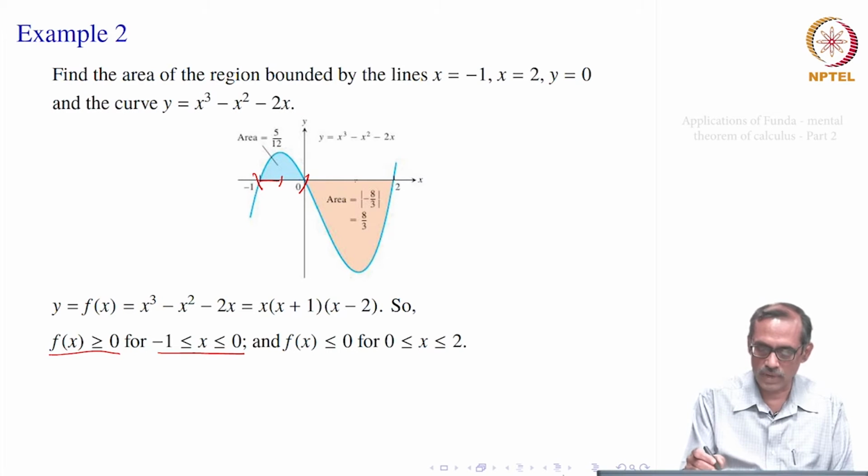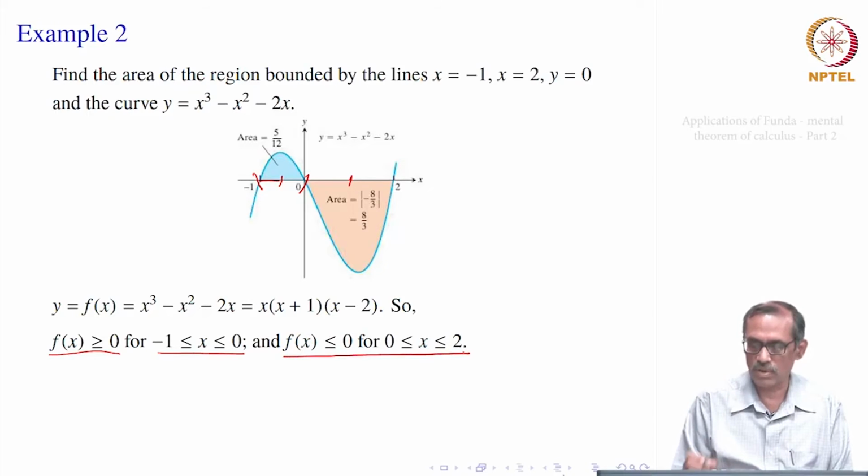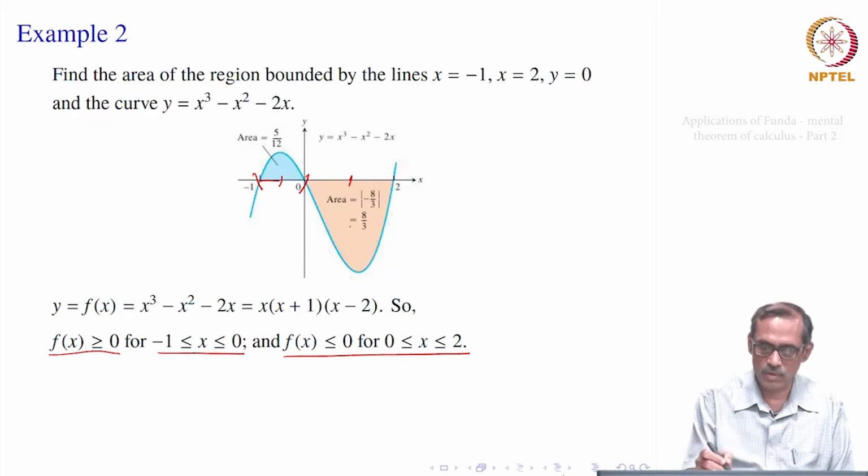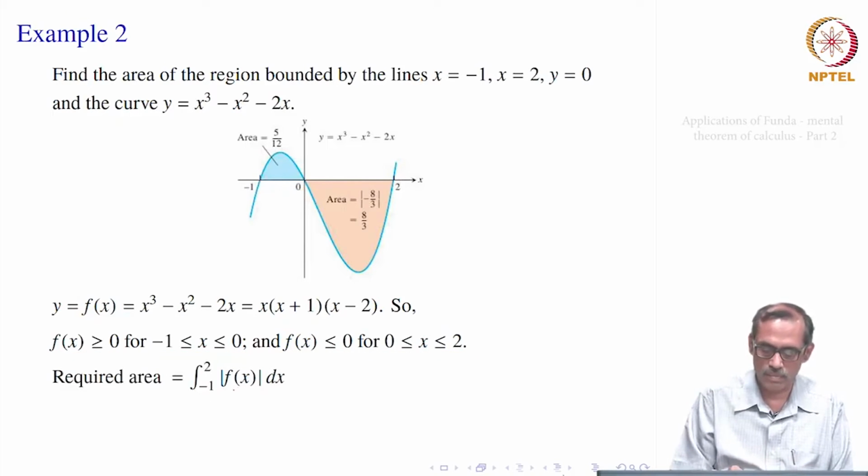Next, if you go to any point between 0 and 2, x is positive, x minus 2 is negative, x plus 1 is positive. So, you would get negative, that is f x is less than or equal to 0 for 0 less than or equal to x less than or equal to 2, and that is also shown correctly in the picture. So, then the area will be the integral of the modulus of this from minus 1 to 2, which we can now break.